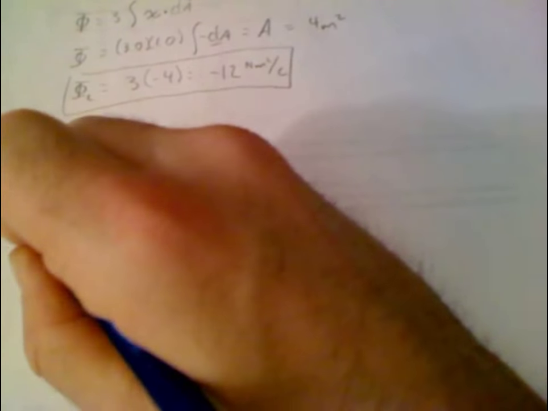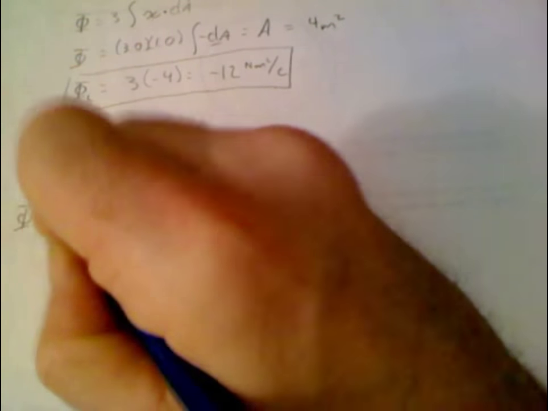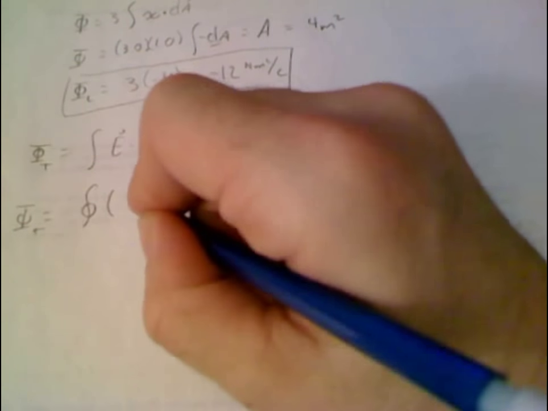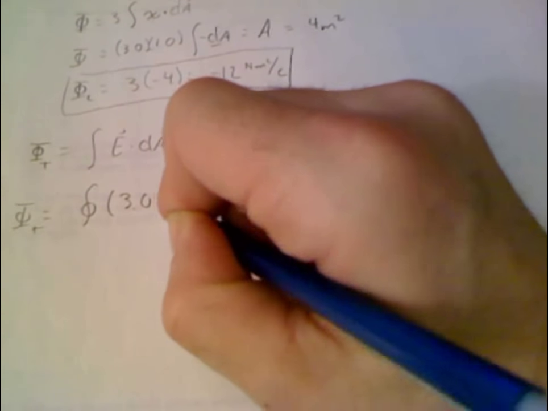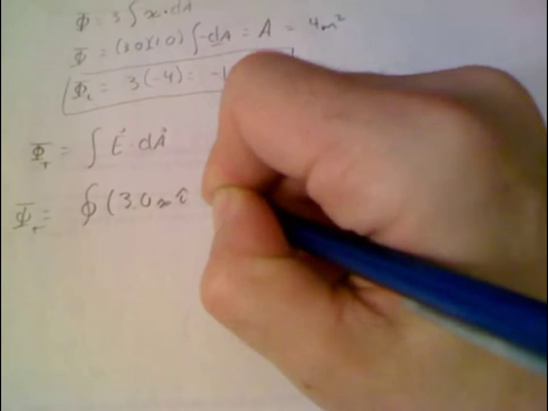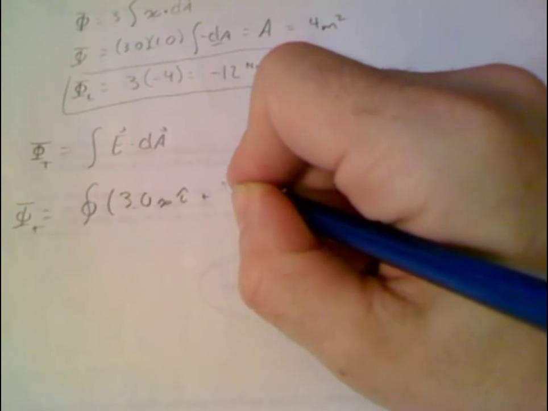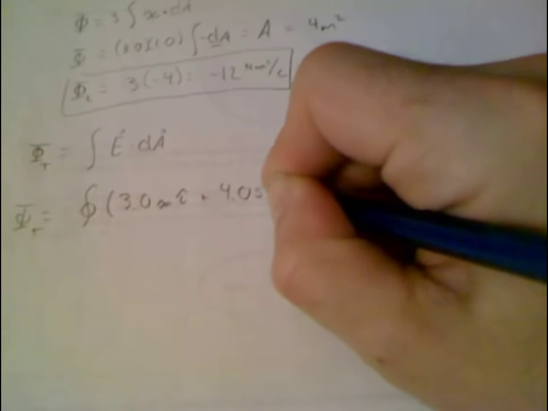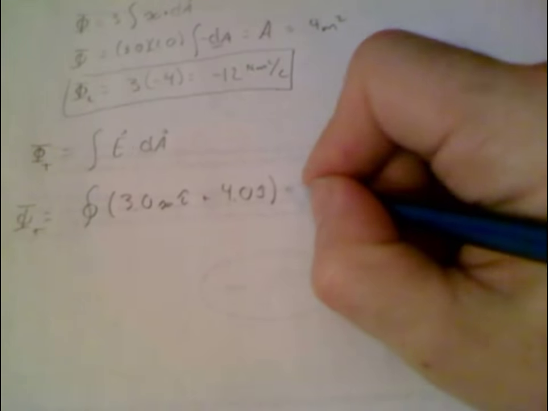And you should know what to do here. My flux about the top is equal to, I'm going to rewrite my entire field here, 3.0x in the i-hat plus 4.0 in the j-hat direction, dot.